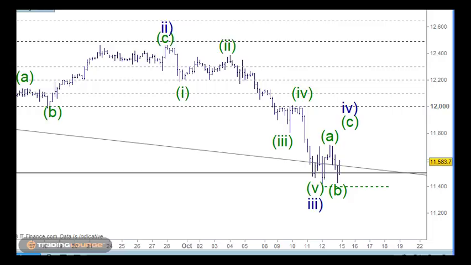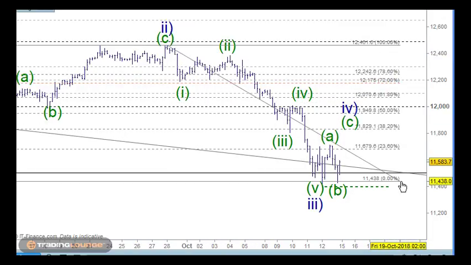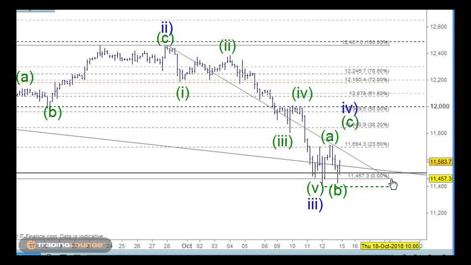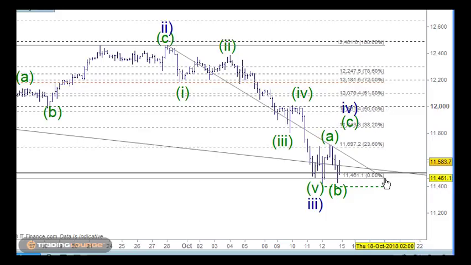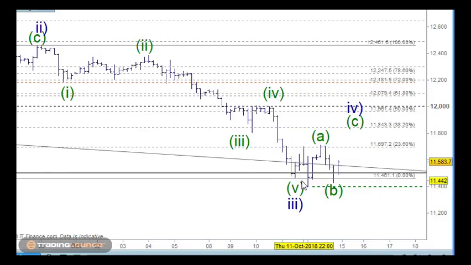Then I would need to take this just onto this low here, not this one, and I'll explain that when I go onto the intraday.